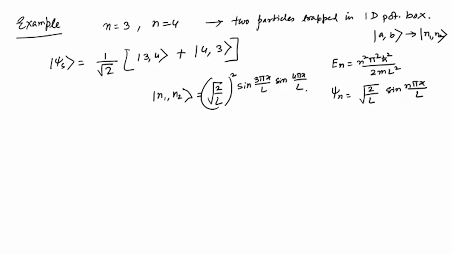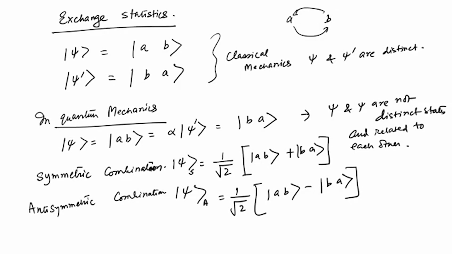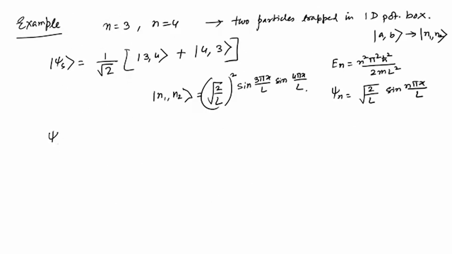So, there is a symmetric combination, and if you want the antisymmetric combination, we have written this S outside, so let me have this S inside for the symmetric and A inside the ket notation. So, psi A is again 1 by root 2. You can write it in this notation or in this notation as well.